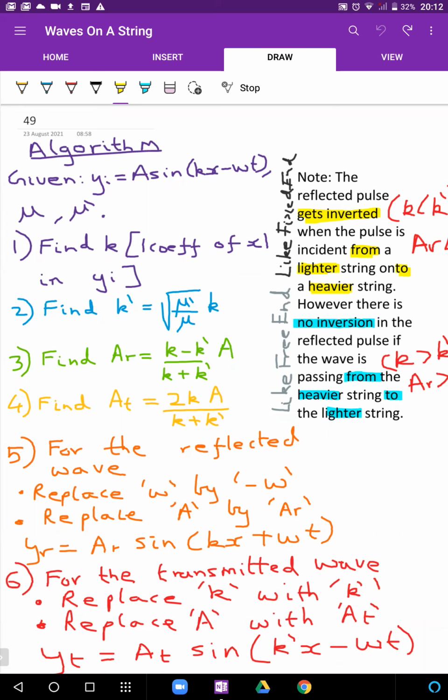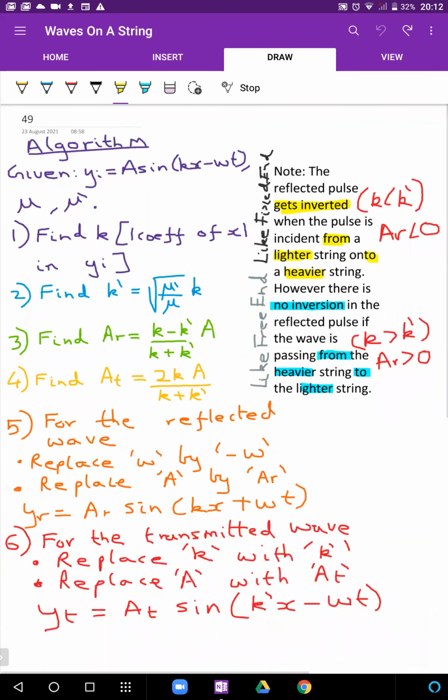और यहाँ पे मैंने क्या लिखा है इधर साइड में एक बार थोड़ा देखते हैं. Okay, so I've written: note the reflected pulse gets inverted when the pulse is incident from a lighter string onto a heavier string. All right. So what I was saying is, if you look at this equation for AR, this equation clearly shows that AR can be positive or negative based on if K is bigger or K dash is bigger.